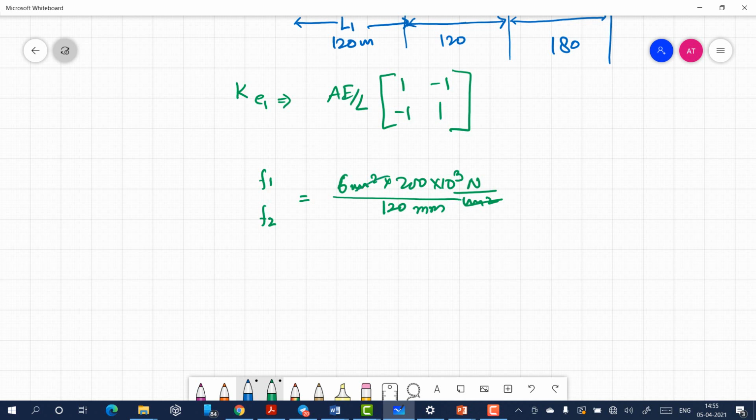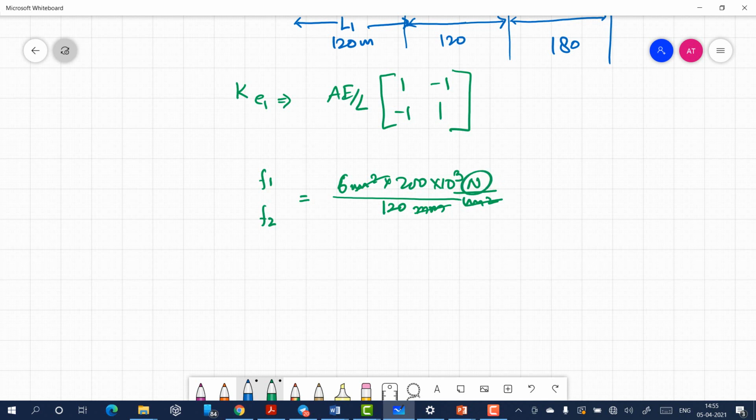So millimeter squared gets cancelled, and then we have newton per millimeter. Then we have a displacement applied which will be in millimeters, so that will cancel out. So we will have force in newtons, so we are okay with that dimensionality.